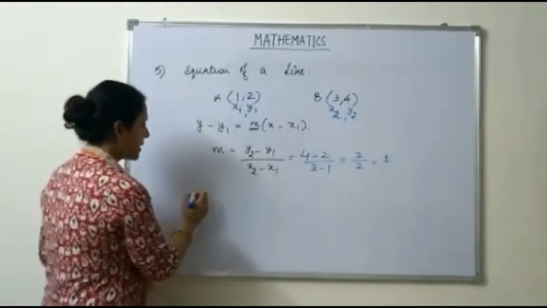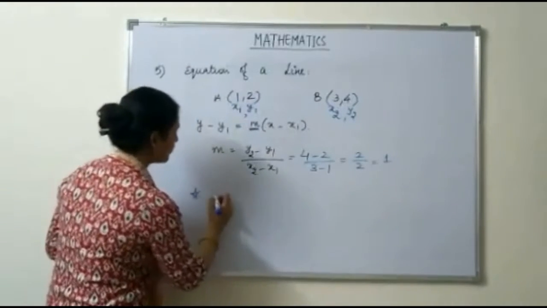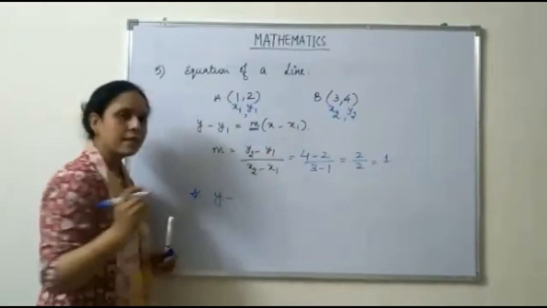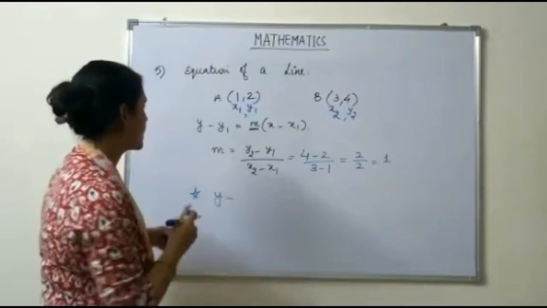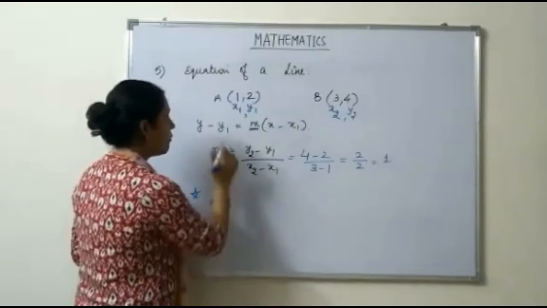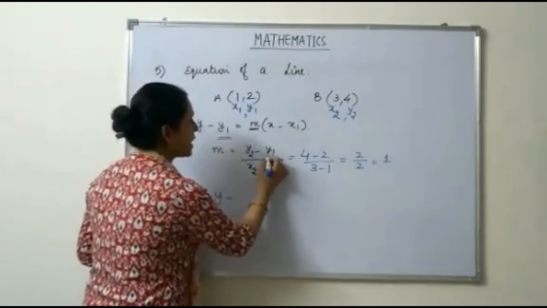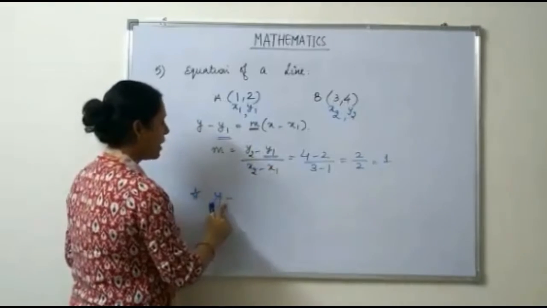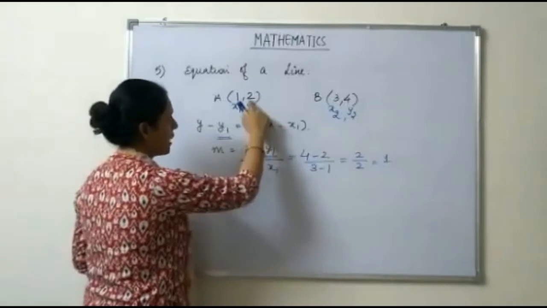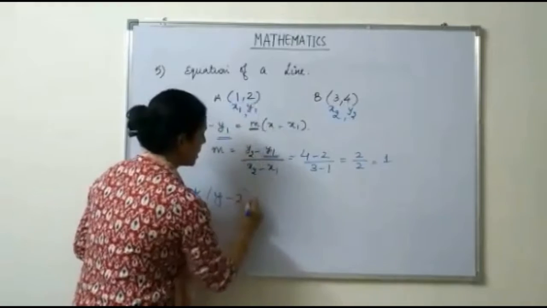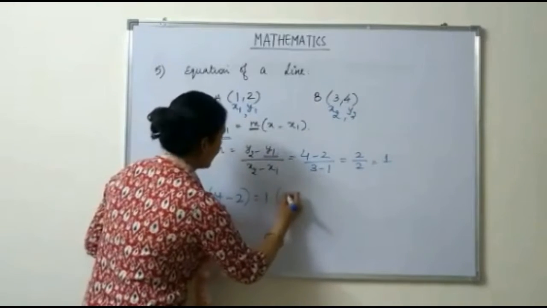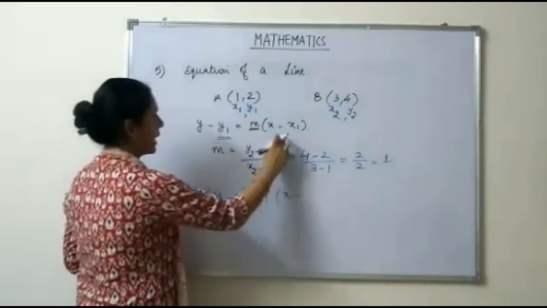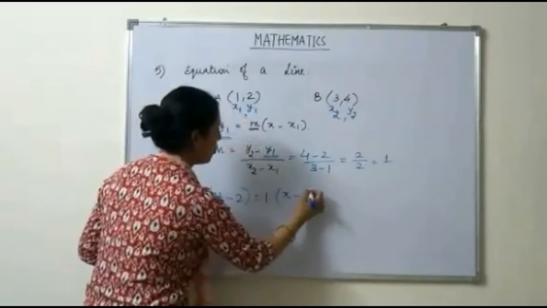Now, the mistake that is made by the students is that they interchange the points in y minus y1. y1 should be the same as used here, y1 and x1. So you have to write y minus y1, that is y minus 2, is equal to m times x minus x1. x1 has to be 1.